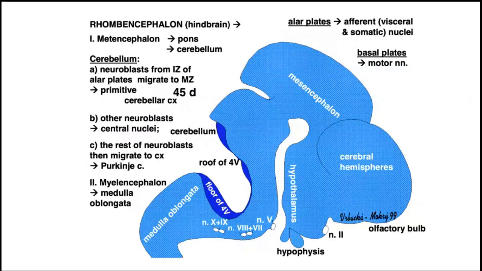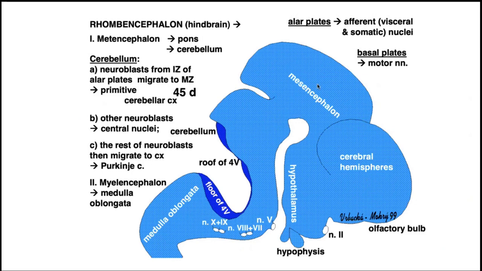And lastly, this is what you're seeing. Again, forebrain, mesencephalon, and rhombencephalon, or hindbrain. In your forebrain, you have your cerebral hemispheres and your hypothalamus.